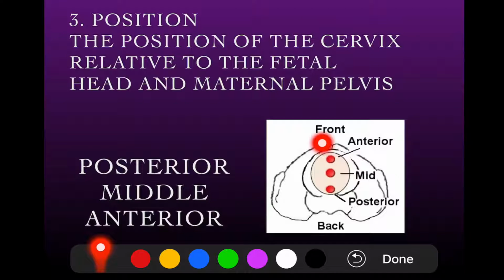The baby may be anterior, middle, or posterior. Any posterior cervix is low and gives 0. Middle, midway, gives 1, and anterior gives 2. This is the position of the cervix in relation to the baby.